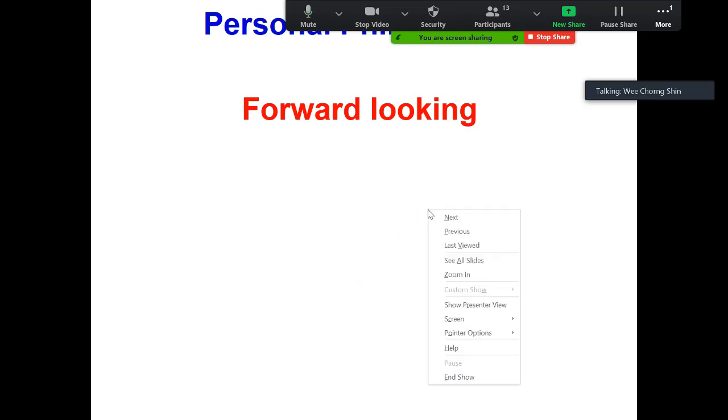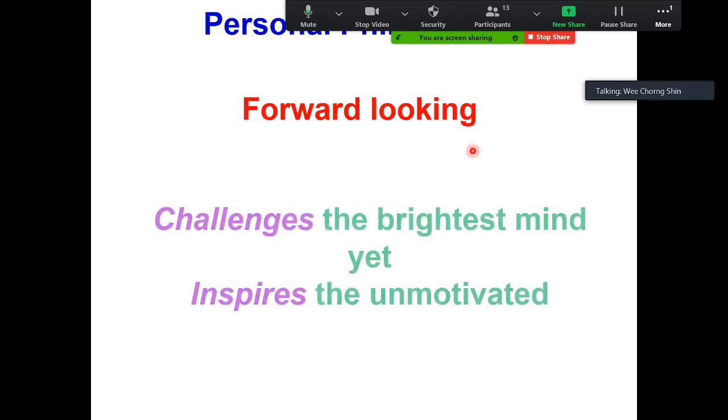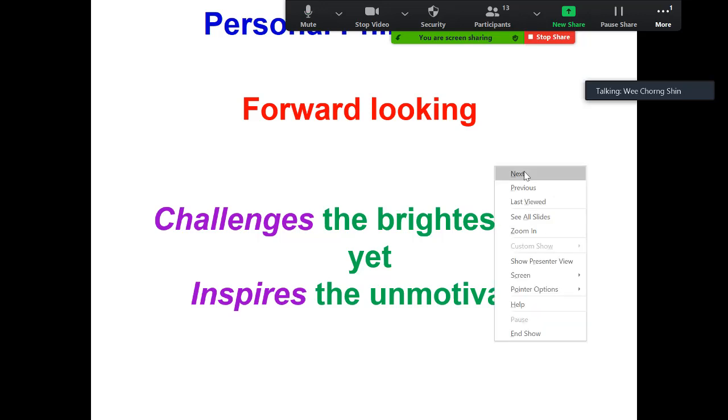Forward-looking in the sense that I would like to ensure that the questions can challenge the best minds and yet motivate, or rather inspire, the students who are unmotivated. This is a very Herculean task. Over the years, every year, every moment, I've been learning how to do things in a different way. That's something I thought is quite interesting.